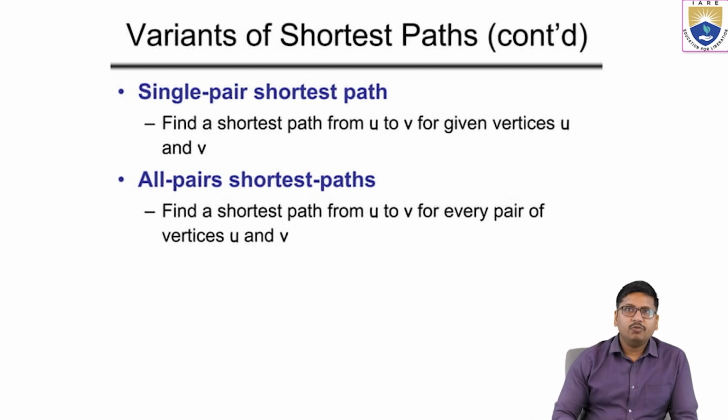Another variant of the shortest path is the single pair shortest path. That means we find the shortest path from U to V for the given vertices. And the all pairs shortest path is also there.